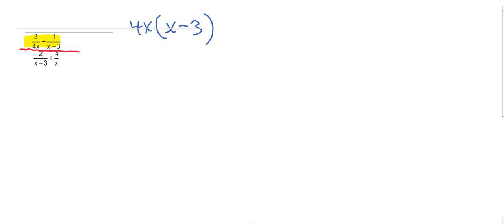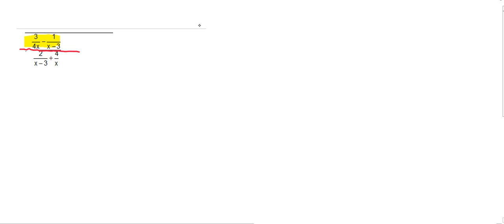So the denominator on the bottom has an x minus 3, which we have already accounted for right here, and it also has an x. So it looks like that 4x and x minus 3 will cancel all of these fractions out in this complex fraction. So we're going to distribute that to both of these terms.